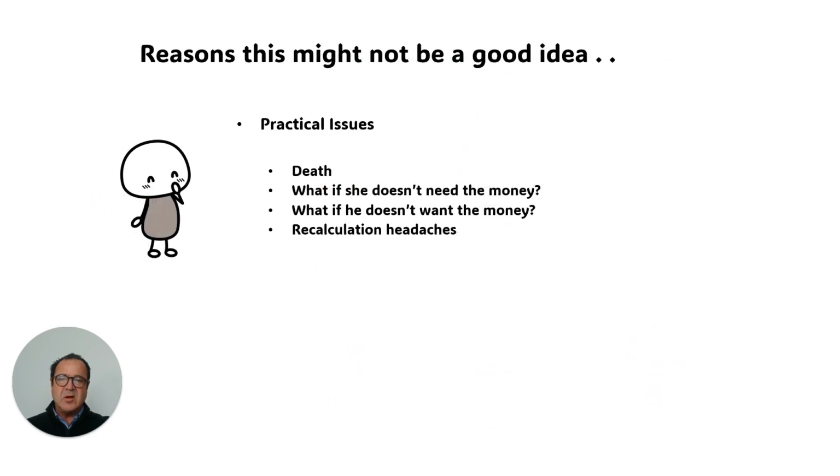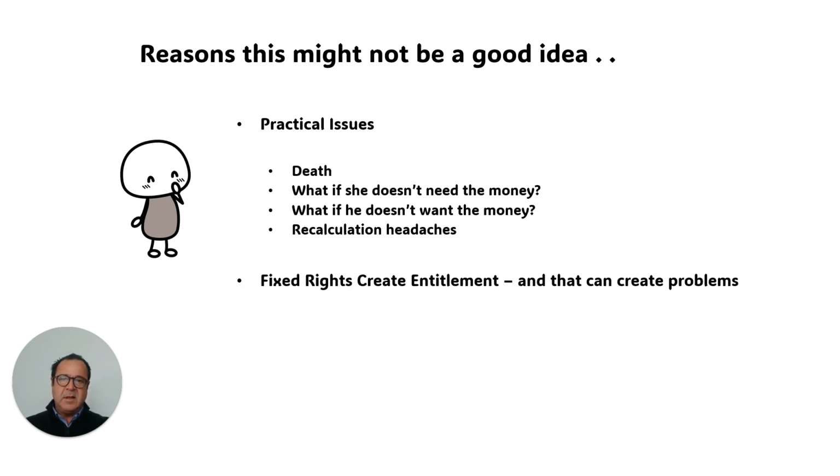But that's not the end of the problems. Those are only practical problems. There is a much more fundamental problem with this fixed trust concept, and it is this. When we create a trust, we are usually creating it because we want to protect.